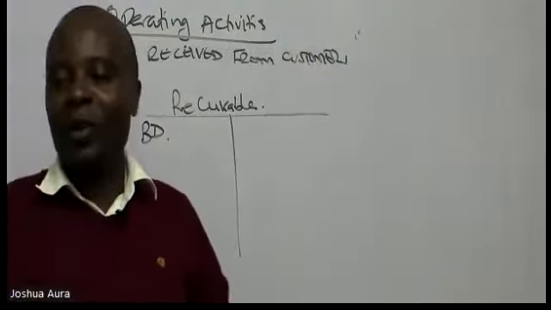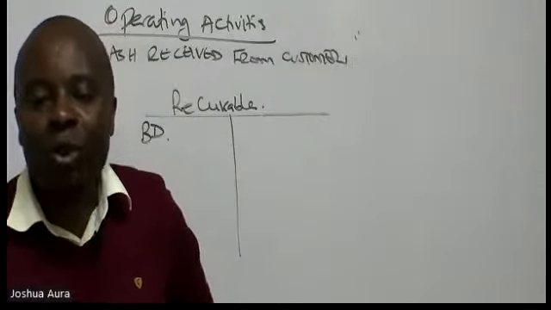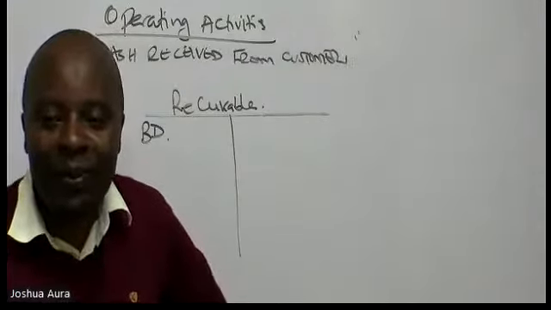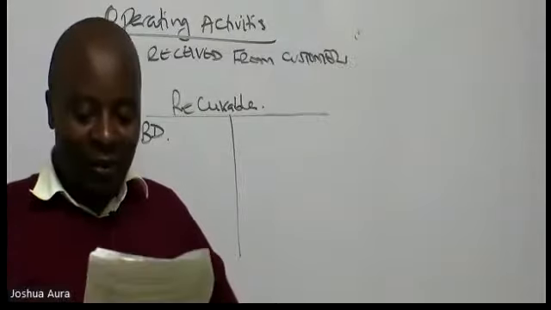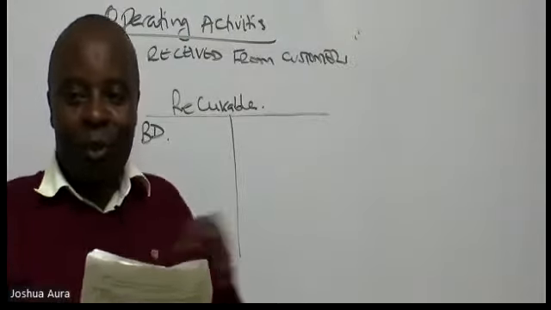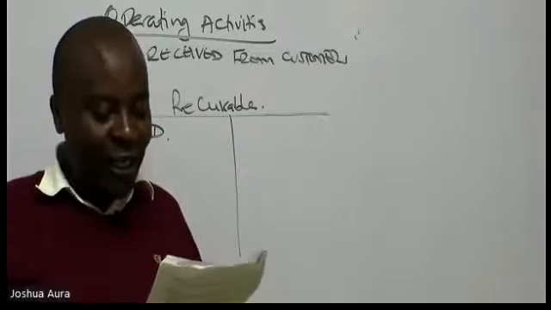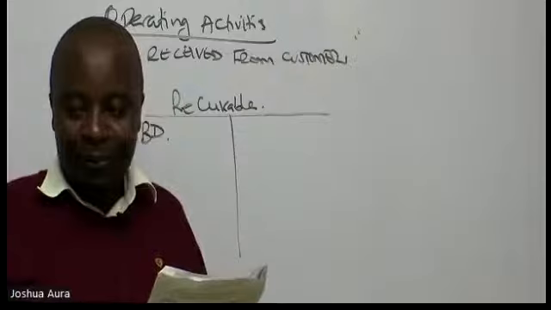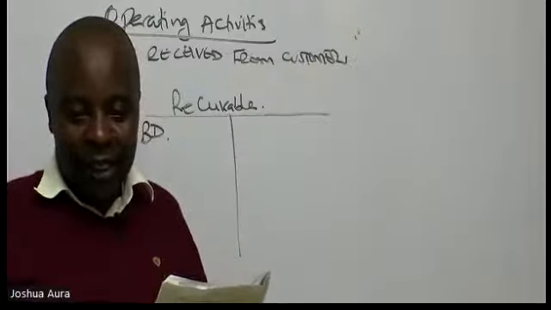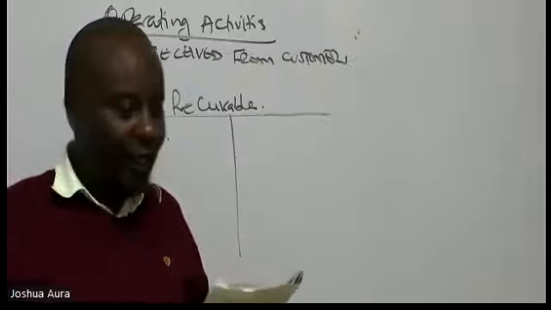From the statement of financial position given, are you guys able to see the balance that was brought down, from 2016 to 2017, of receivables in the current assets? 3120, isn't it? Thank you so much.